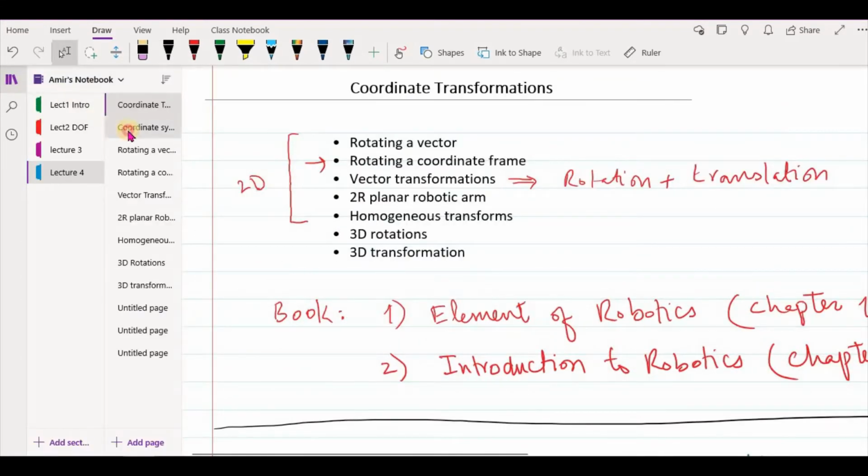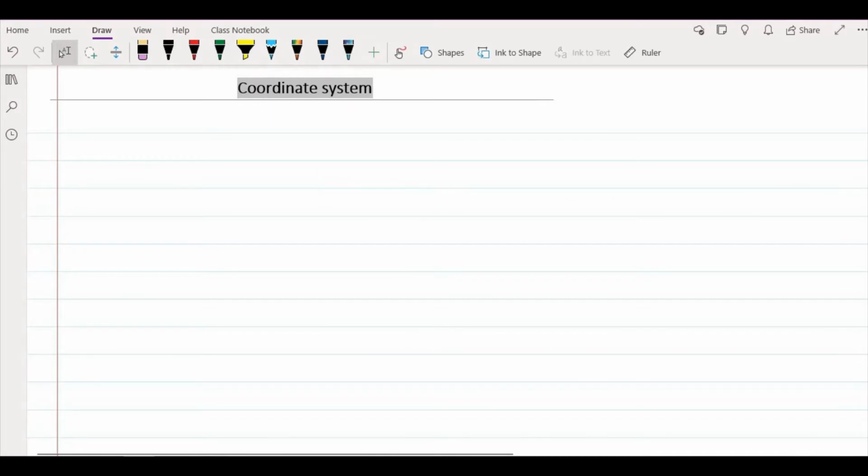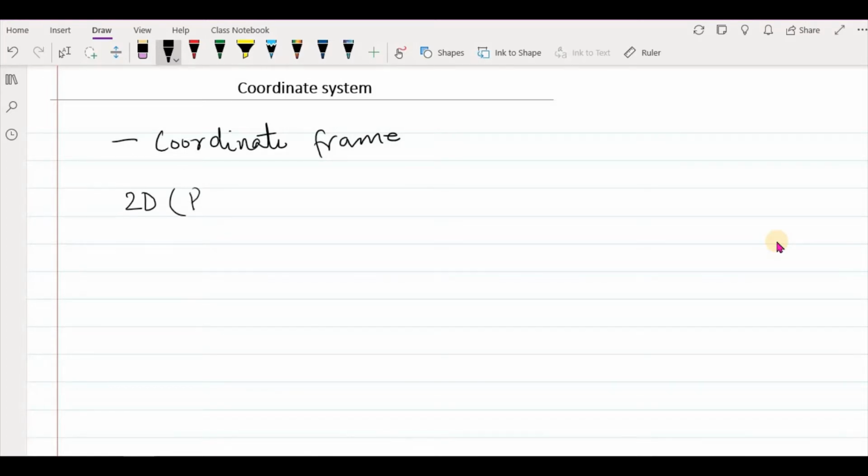Okay, let's just revise some basic concepts. One of them is a coordinate system or coordinate frame. So what is a coordinate frame? In a 2D or planar frame, we have two lines that are perpendicular to each other.